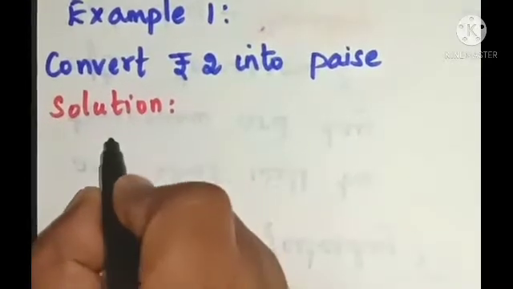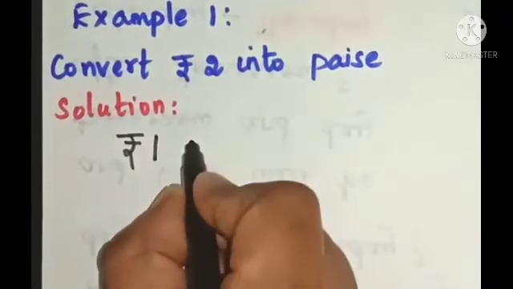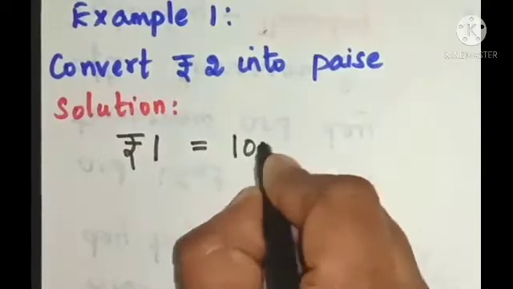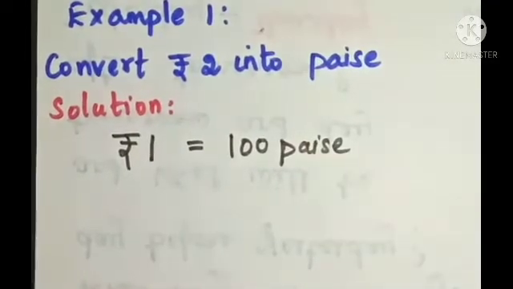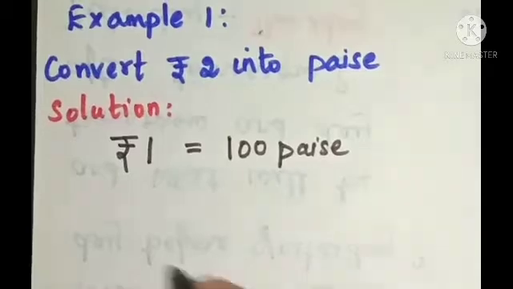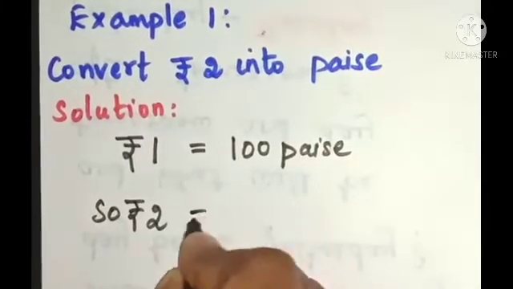That is, rupees 1 is equal to 100 paise. Okay, we know that rupees 1 is equal to 100 paise. Then what will be rupees 2?